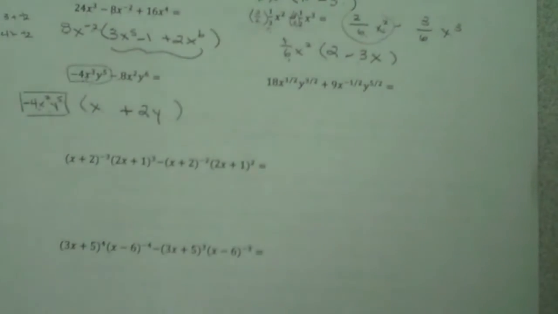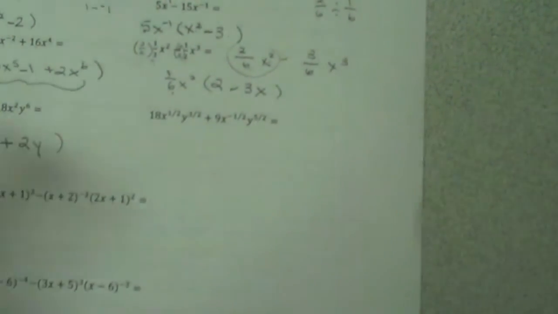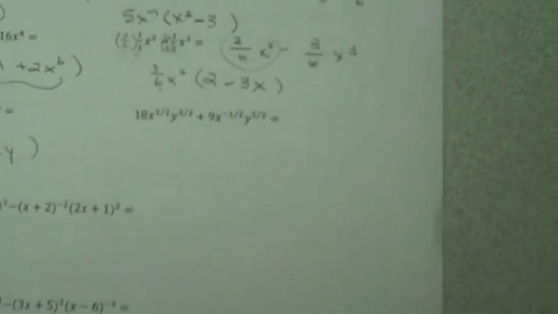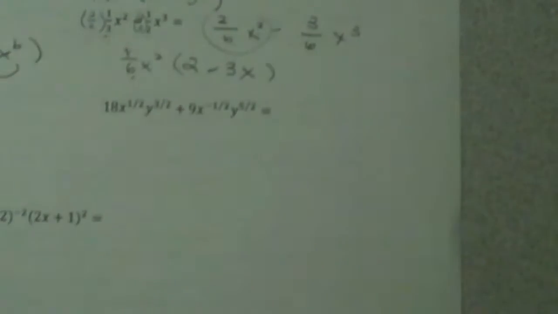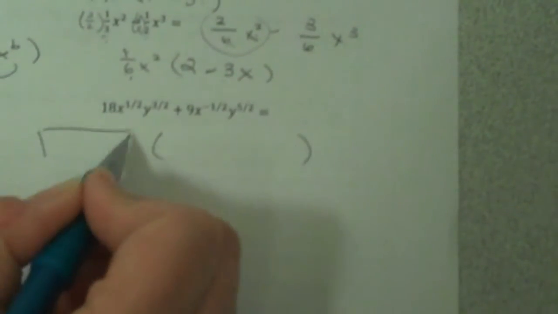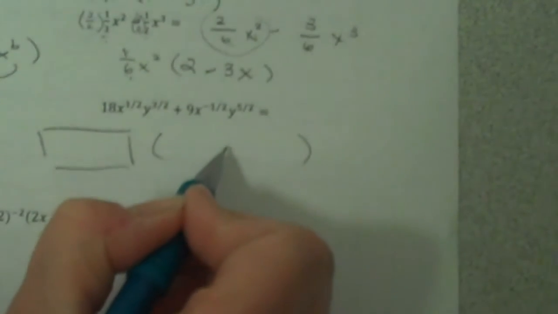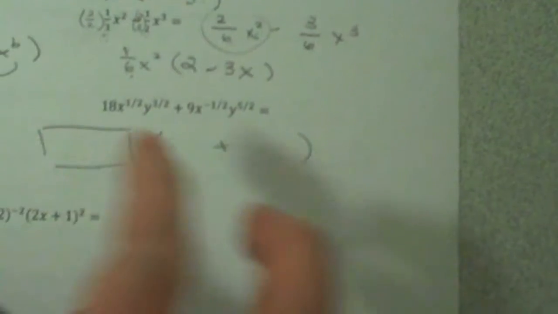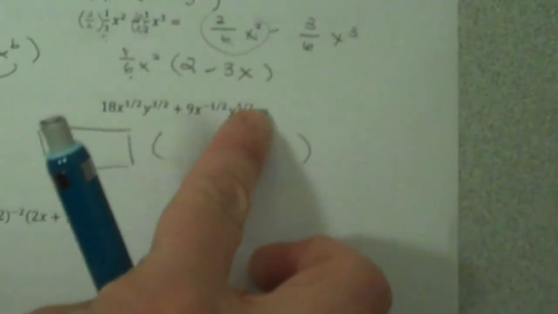And so the same thing is going to happen if we get fractional exponents. Exactly the same idea. We're going to have something left on the outside, and then whatever is extra that we haven't taken out is going to go in here in the same order.